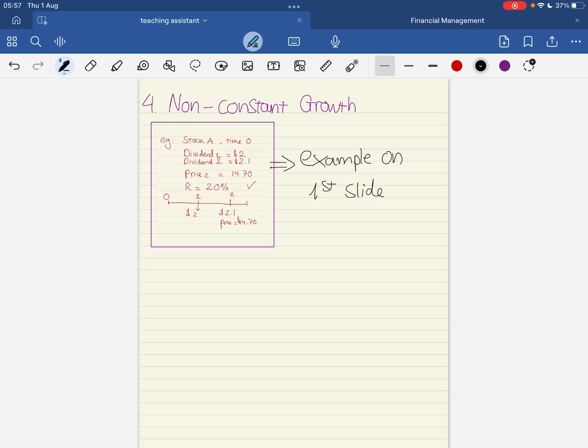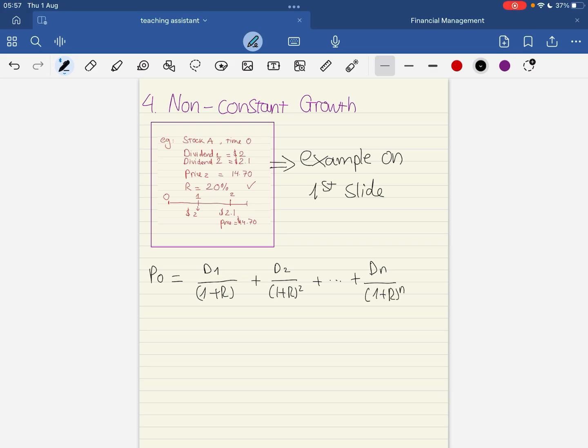And the general formula to compute a share price in the non-constant growth model is that the price at the current time is always equal to D1 divided by 1 plus R to the power of 1, which means D1 divided by 1 plus R, plus D2 divided by 1 plus R to the power of 2, until Dn divided by 1 plus R to the power of n.